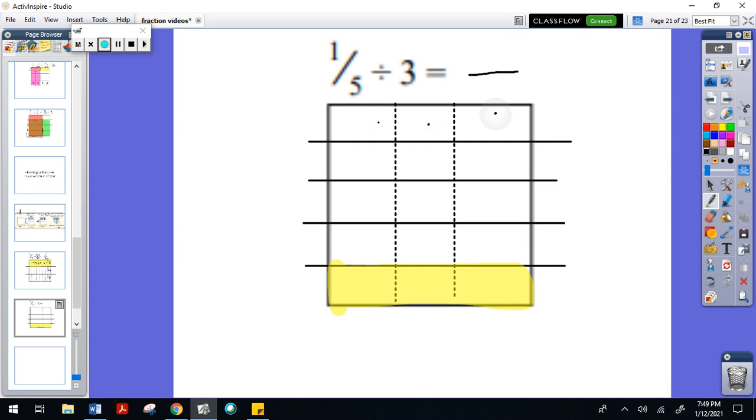So I have 1, 2, 3, 4, 5, 6, 7, 8, 9, 10, 11, 12, 13, 14, 15. So I have 15 pieces, but we are only focused on 1/5 divided by 3 wholes, which means we're going to get 1/15. All right, that is where we are stopping.